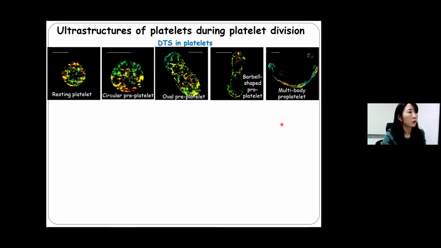In contrast, the double membrane organelles showed a different pattern. For example, DTS were separately distributed on either side of the barbell-shaped proplatelet, as shown here, by associating with the membrane.